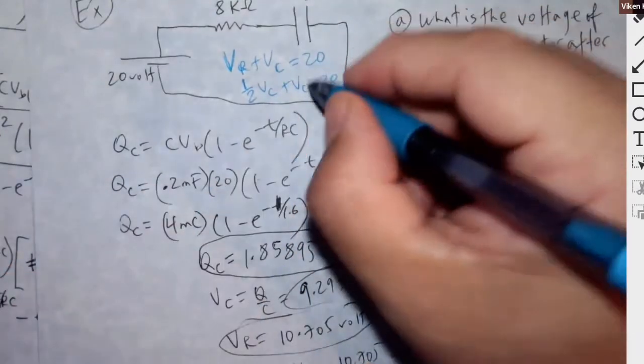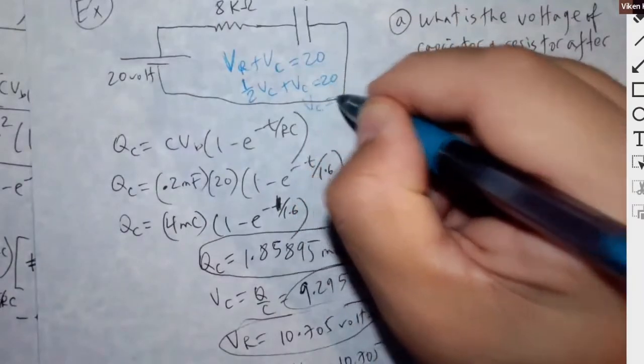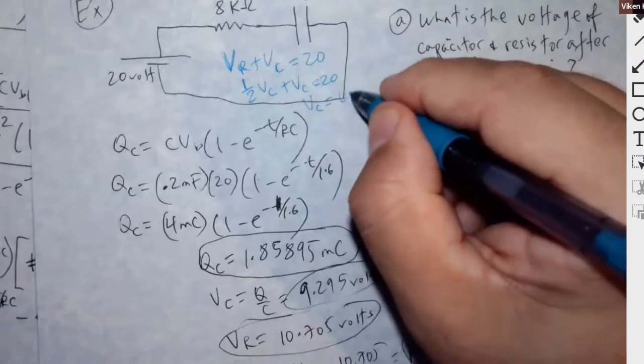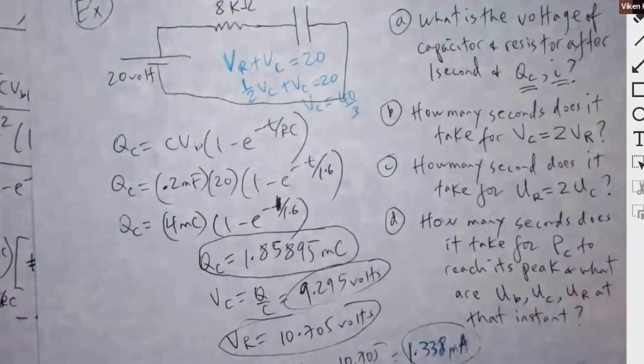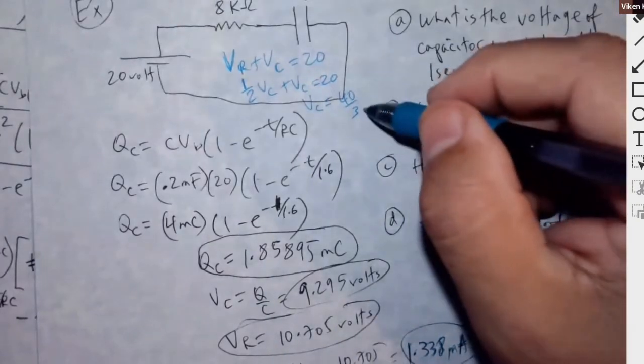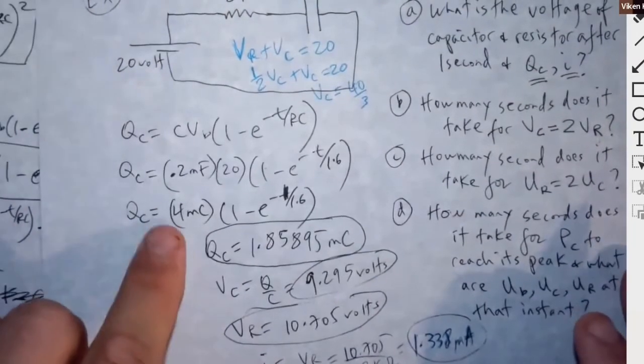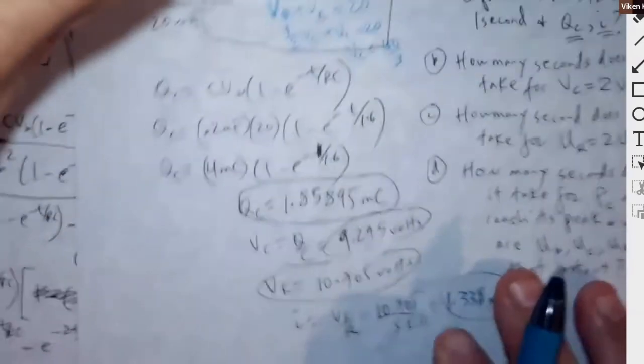So then I want the voltage of the capacitor to be what? 3 over 2, so then it's going to be 40 over 3. So I want the voltage of the capacitor to be 40 over 3, such that the resistor will be 20 over 3. And then together, when you add them, you're going to get 20 volts, right? So then I already have the equation for the voltage of the capacitor.